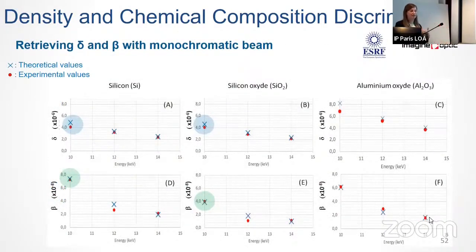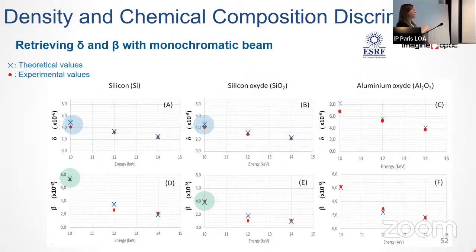So we repeat the same experiment with the microspheres with the polychromatic beam before, and now with the monochromatic beam. So these are the results for delta and beta for several elements, so silica, silicon oxide, and aluminum oxide.